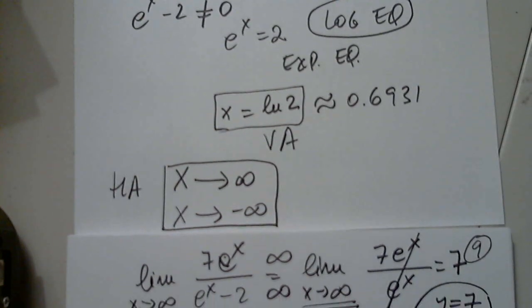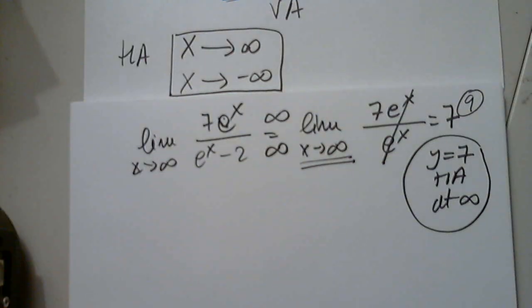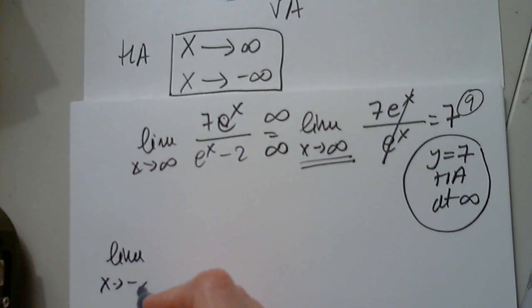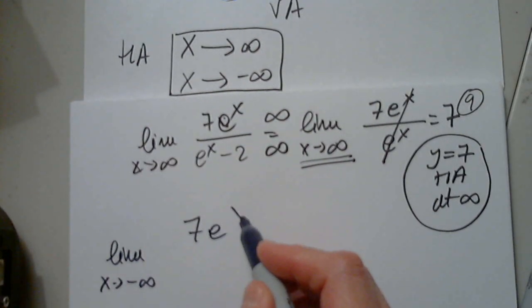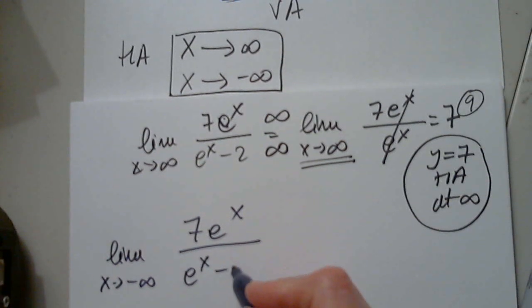Now we have to analyze what's happening at negative infinity. So limit as x approaches negative infinity of 7e to the x over e to the x minus 2.